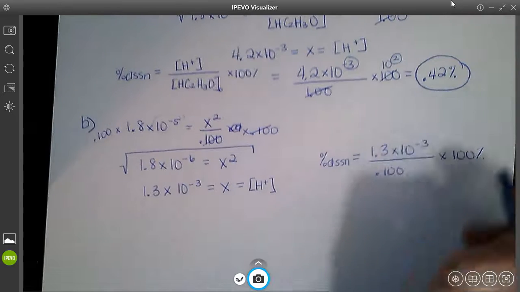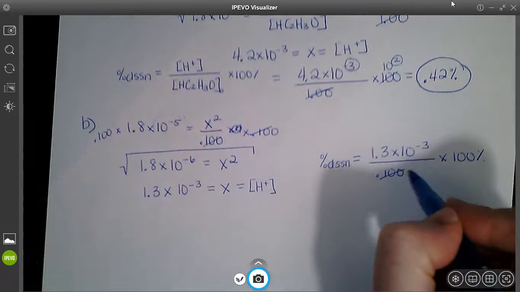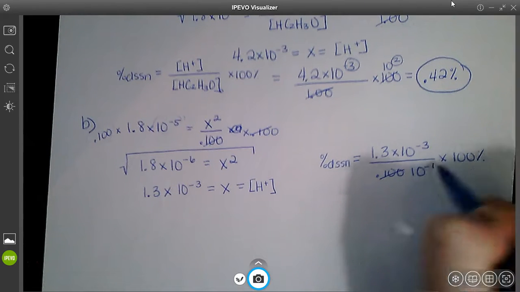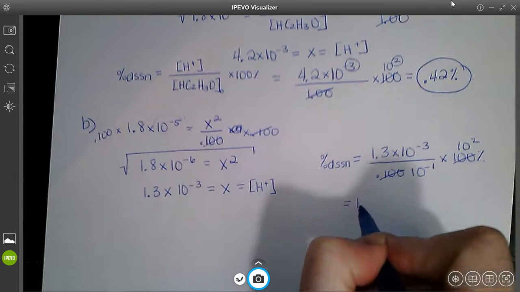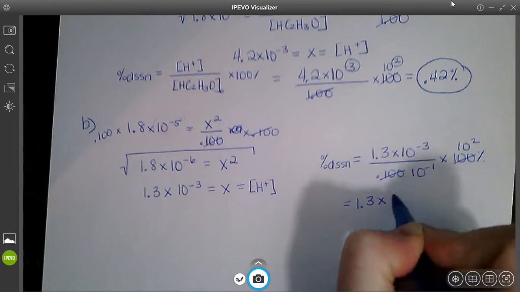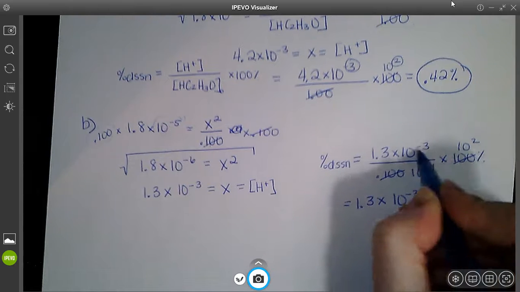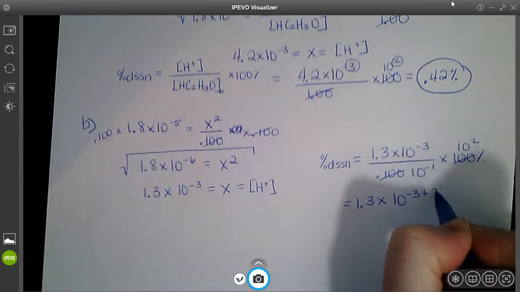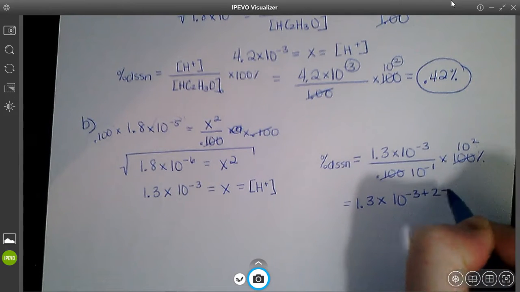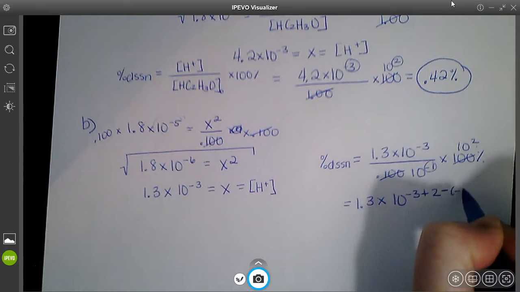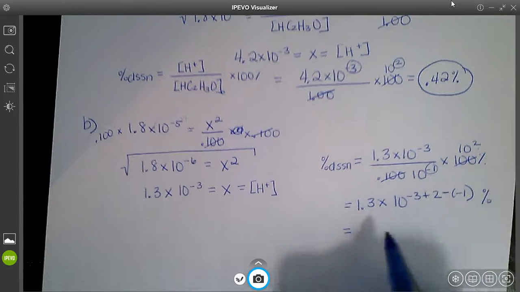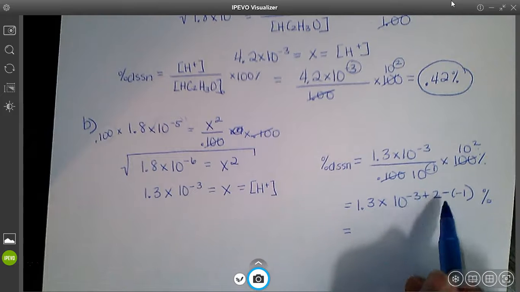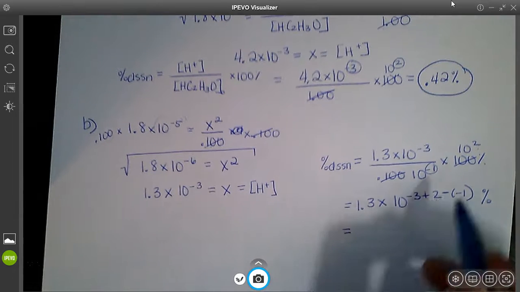I'm going to rewrite all of this in terms of tens. So this is 10 to the negative 1. This is 10 to the second. So this is 1.3 times 10 to the negative 3 plus 2, because the 2 is being multiplied, minus my negative 1. And all of this is percent. Negative 3 plus 2 is negative 1.